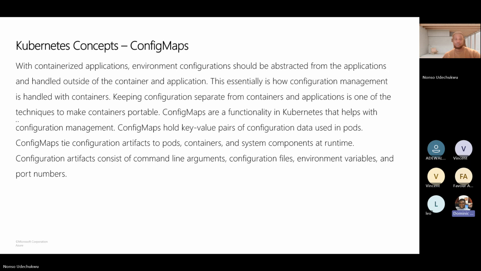So the image I just shared is a complete overview of what Nonso has been talking about, the entirety of Kubernetes 101. If you want to understand the basics of Kubernetes, see the image I shared on the chat. It's like saying, what is a pod?